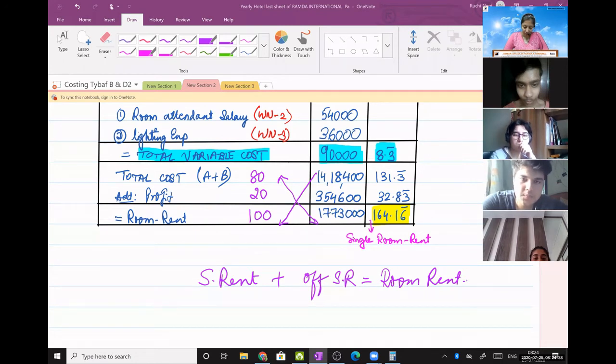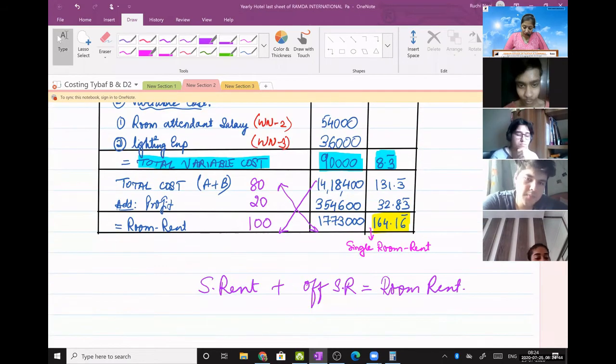Okay, Paushali, if you look into this, I will explain. See, how will you calculate room rent? What is room rent? Your revenue, correct? तुम्हारा sales है, तुम hotelier हो, तुम जब तक rooms rent पे नहीं दोगे customer को, तब तक तुम्हारा sales नहीं होगा, मतलब revenue नहीं मिलेगा, correct? तो तुम्हारा जो room rent है, वो क्या होगा?